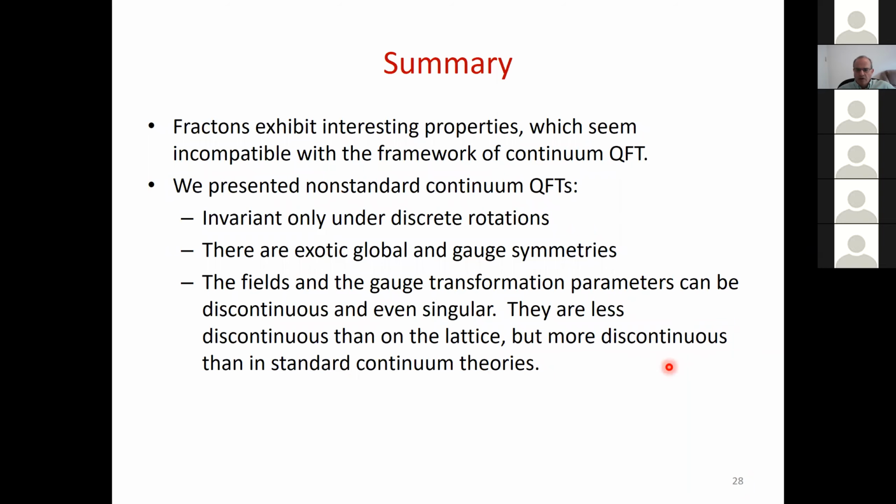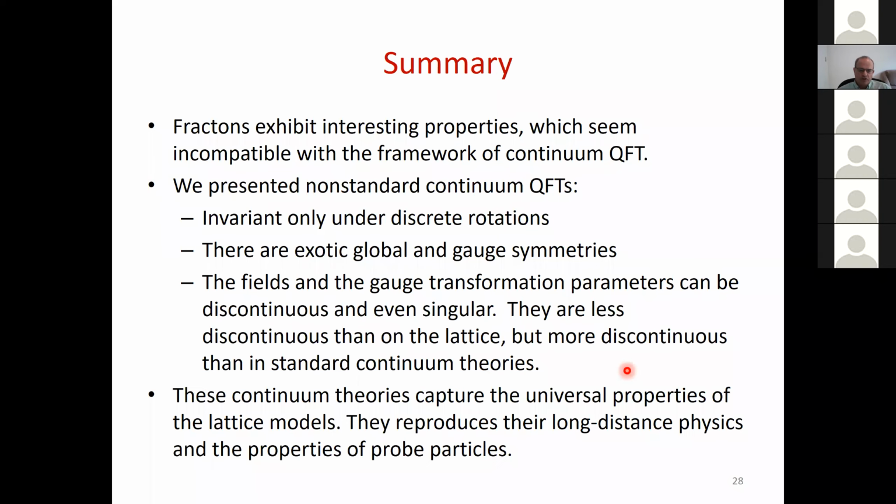But once we allow that, we just followed our nose and tried to be as conservative as possible, and we found rules for how to deal with these functions, what is allowed and what's not allowed. We were guided by the lattice, and we managed to reproduce the lattice answers. So these continuum theories captured the universal properties of the lattice model. In fact, they were designed such that they do exactly that.